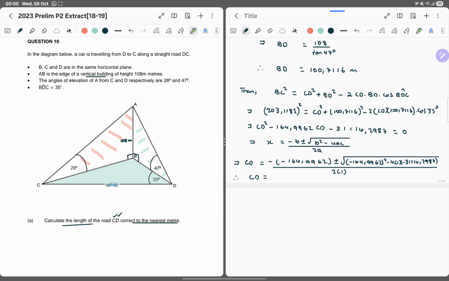Right, it's quite a hectic situation, but we can handle it. So this is minus 164,9962 plus the square root of minus 164,9962 squared and so on.